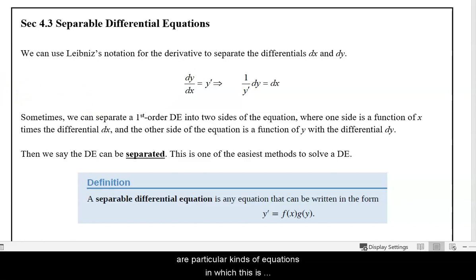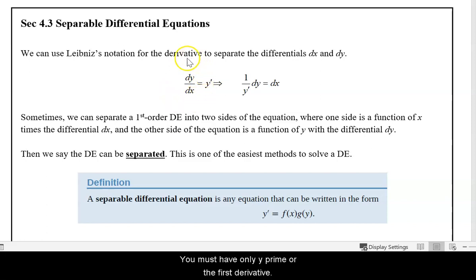In fact, there are particular kinds of equations in which this is possible, and there are equations in which it is simply not possible. The point of the differential equations course is to learn what to do in the different situations. Separating is one of the first techniques that you'll learn, again, in ordinary differential equations. This applies, of course, to a first-order differential equation, meaning that in order to do this, you can't have y double prime.